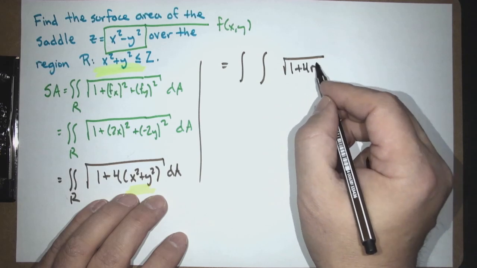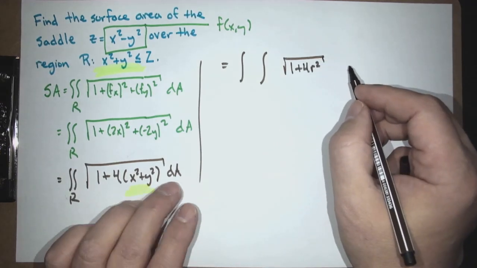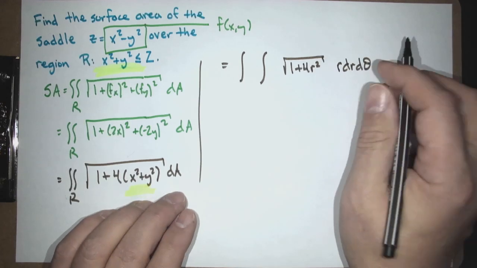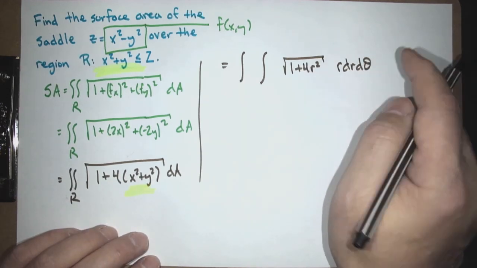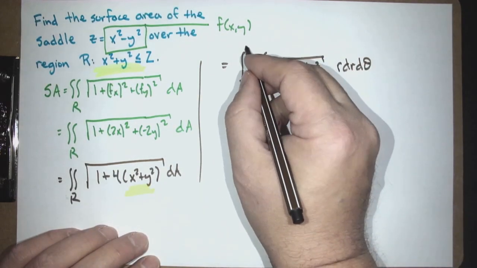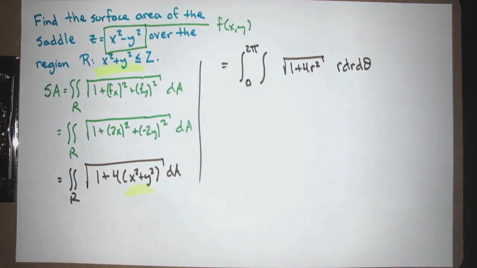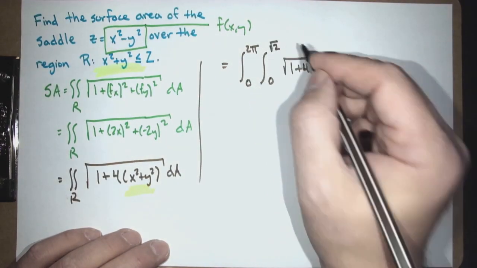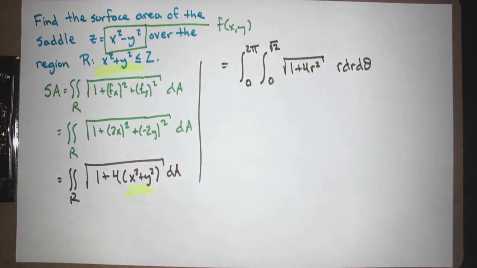Square root of 1 plus 4r squared, dA, r dr d theta. Where will theta go from? 0 to 2 pi, full circle. There's no restriction. What about our r? Where do we go from? 0 to root 2, because it's a circle of radius root 2.